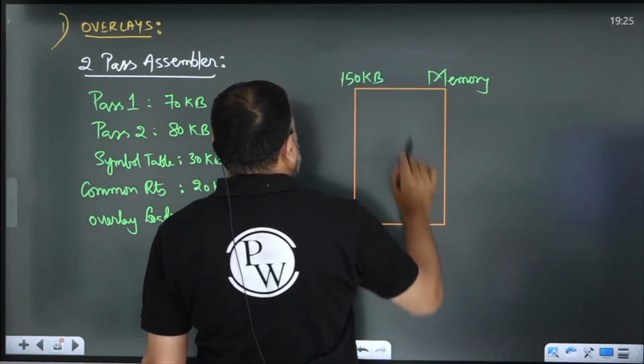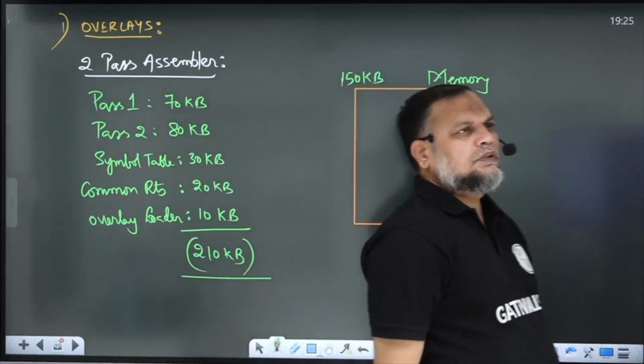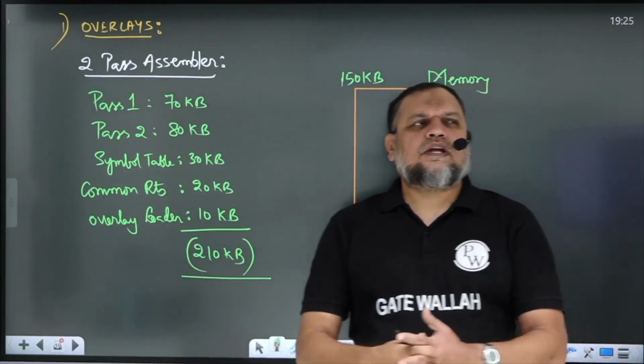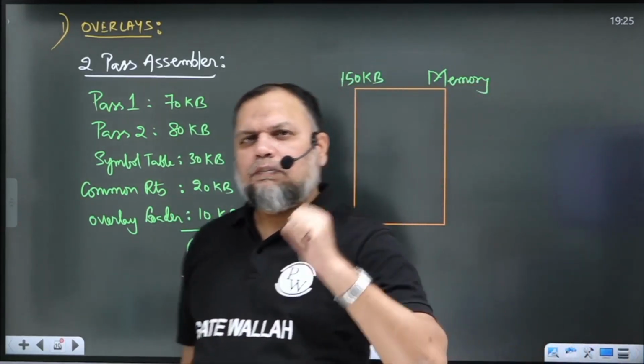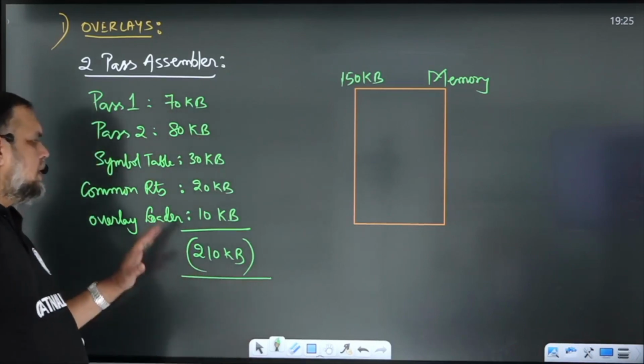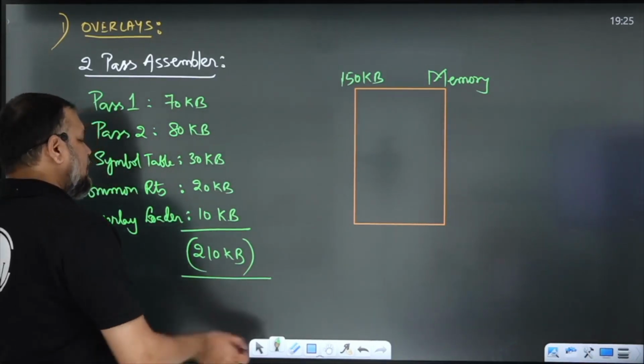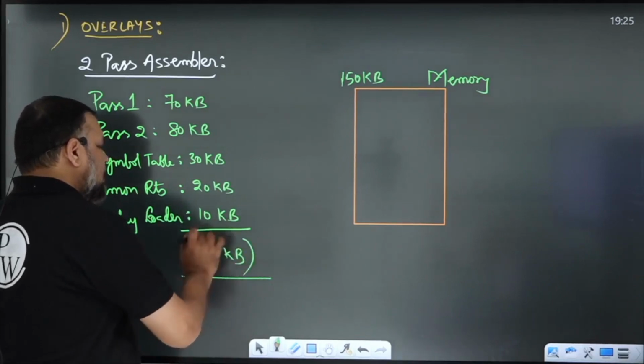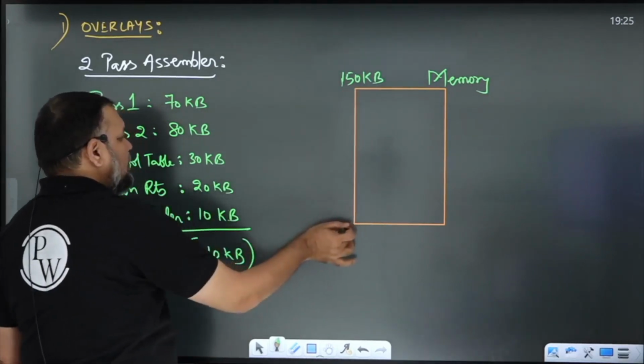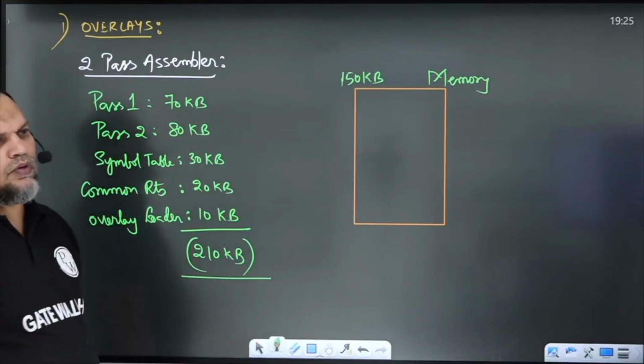Available free space is 150 KB. Only 150 KB memory free available, but the program needs 210 KB. So now we are going to study, can we manage the execution of 210 KB program in 150 KB of space? If so, how?